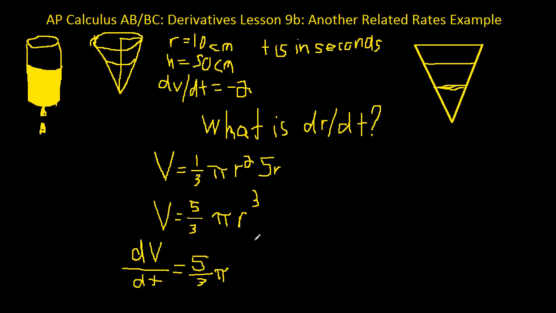Now, r cubed, we're going to have to do our implicit derivative, apply our knowledge of implicit derivatives. So we do kind of like a chain rule here. We do times 3r squared. So derivative of the outside, and then go in like the chain rule. The inside's derivative is dr/dt.